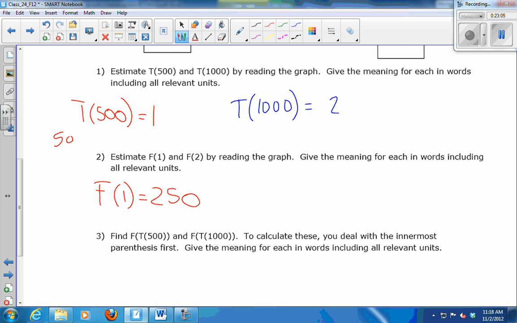So 500 miles is a 1 hour flight. And what does t of 1,000 equals 2 mean? Yep, 1,000 miles is a 2-hour flight.